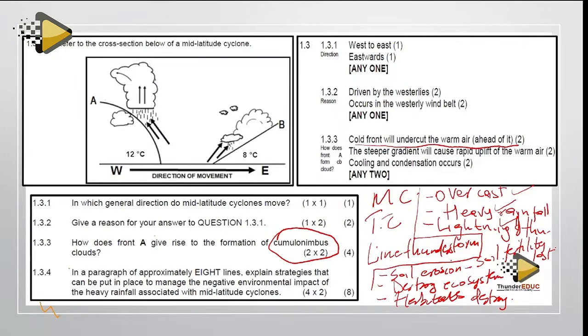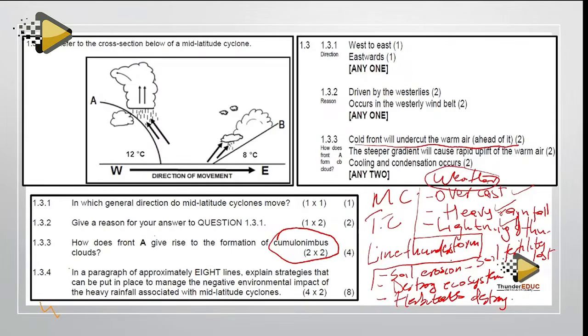So these are the impacts that mid-latitude cyclone, tropical cyclone, or line thunderstorms will have on the natural environment. And why will they have it? It is because of the weather conditions that will be experienced.